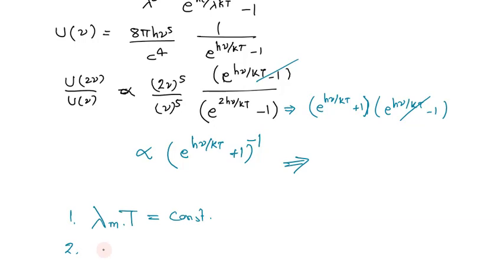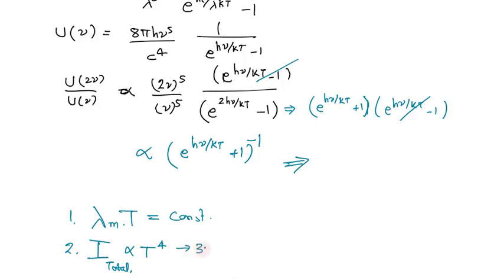The total intensity is proportional to T^4 with a constant. This is the total intensity, I.